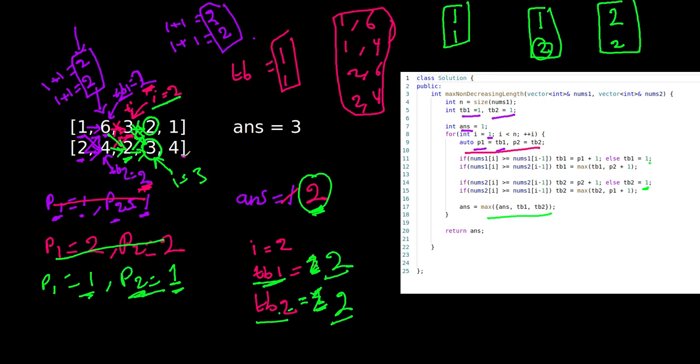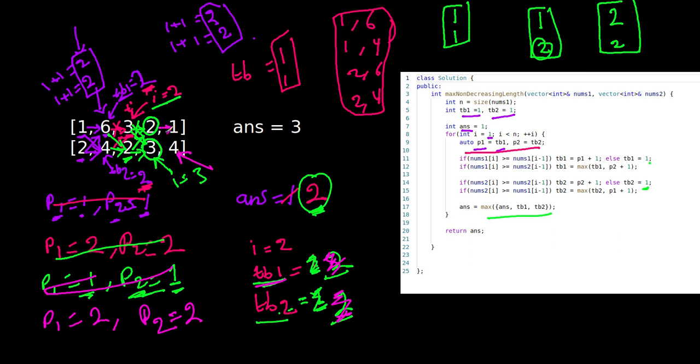Now let's solve for the last index. Start with p1 equal the previous tb1, which is 2, p2 equal tb2, which is 2. Now let's calculate for tb1.